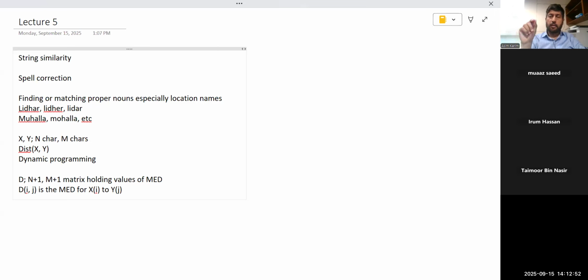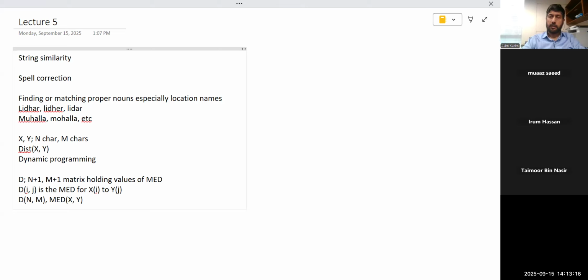ठीक है? And this matrix obviously would hold the similarities between all lengths of strings x and string y. And what we are interested in is actually D n m. So this is the MED of x and y, the whole string x and the whole string y. ठीक है?